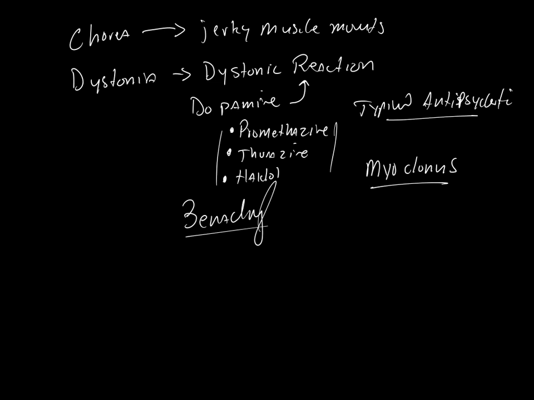Where do we see myoclonus become a problem? We're going to talk about this in more detail in the special populations block, but we see this not so much in geriatrics, but in pregnancy. This is a feature of eclampsia and preeclampsia.